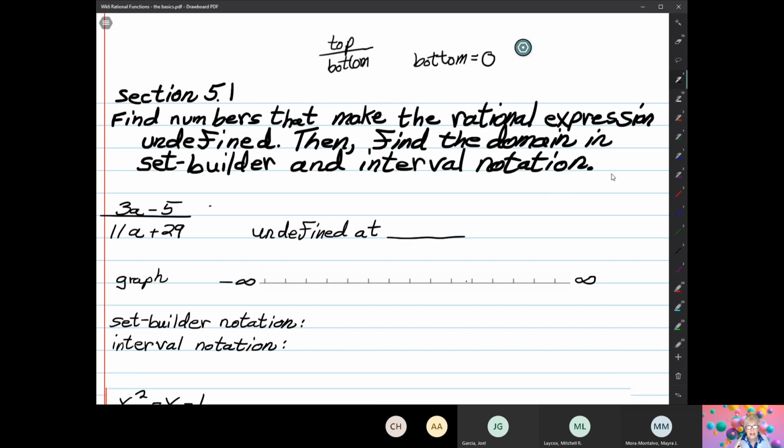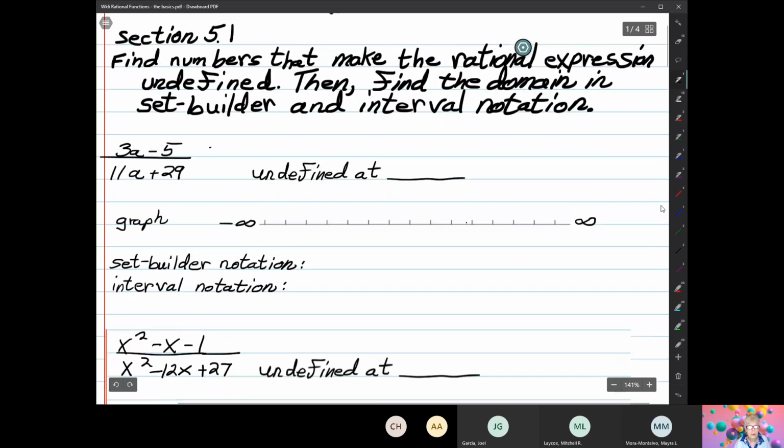What numbers will make the rational expression or the rational function, that is the fraction, undefined, and what is the domain when I take that number out? So here we go. Really, really important.